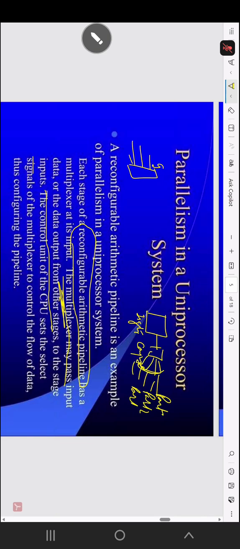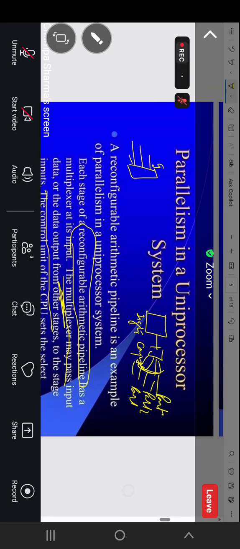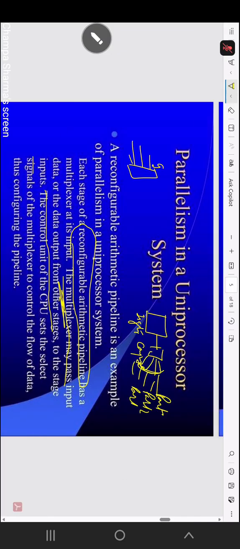So multiplexers decide everything here, which data enters that stage.